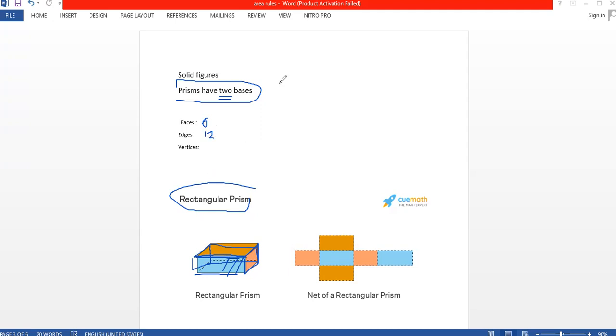Now the vertices are where 3 edges meet or join, like the angles: 1, 2, 3, 4, 5, 6, 7, 8. We have 8 vertices. And this is the net. What do we mean by the net? When we unfold the solid, we get the net, so we can see the faces clearly.